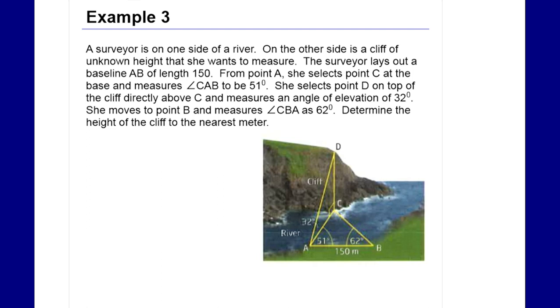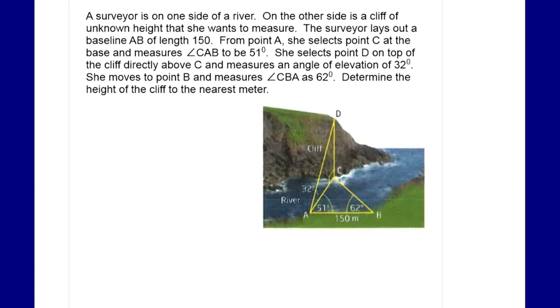So again, it sounds complicated, but think of it as a combination of two-dimensional problems. So we want to find, again, the height. So we want to find this height. Now, we see one triangle here that has that height in question. It is a right angle triangle, and we do know that the angle here is 32 degrees.